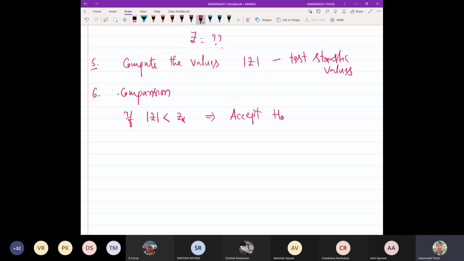Accepting H naught means H1 is rejected for the given level of significance.